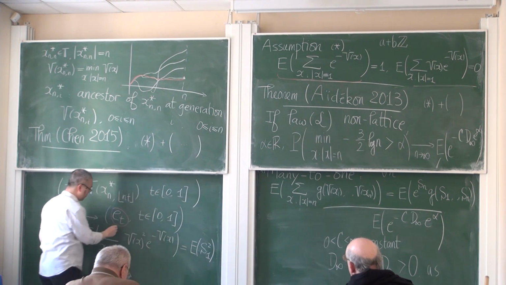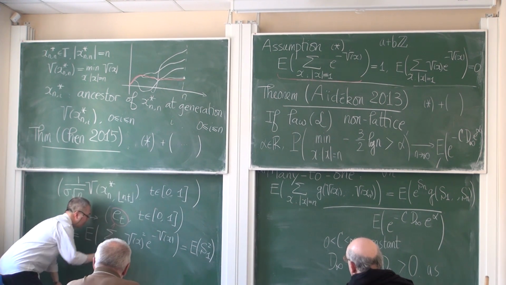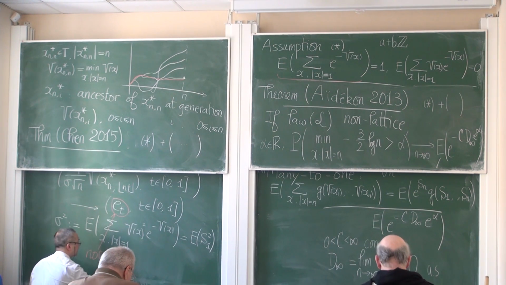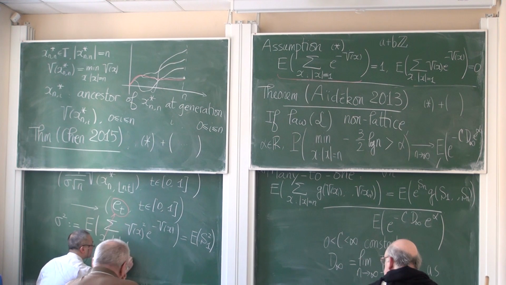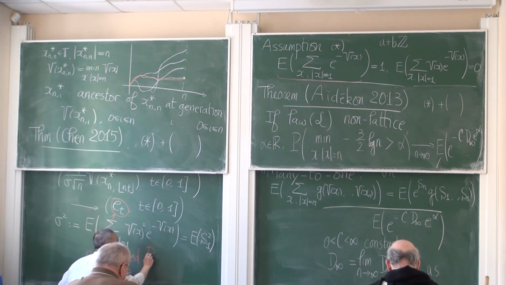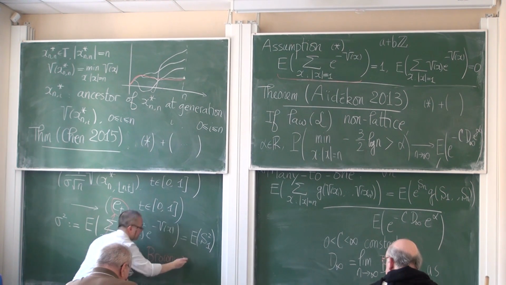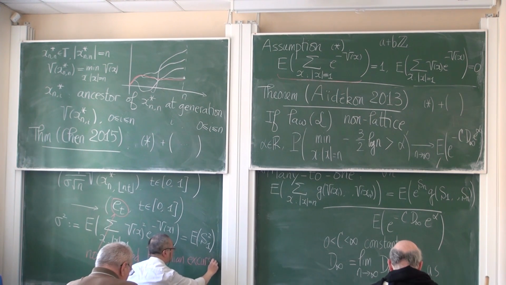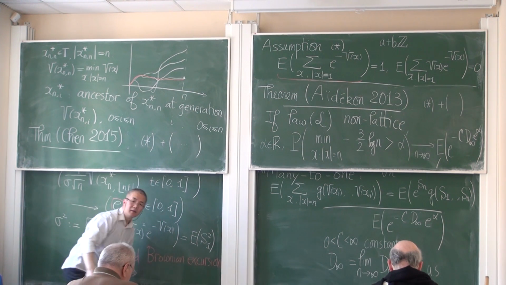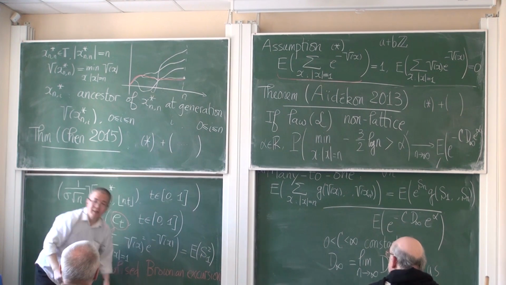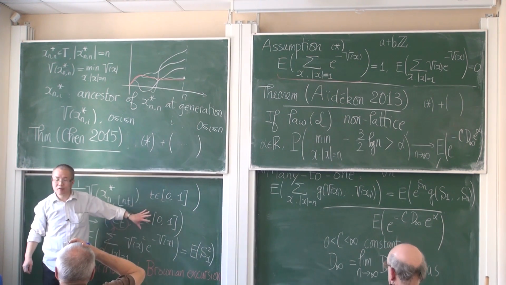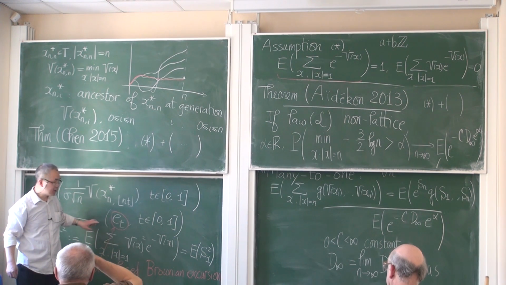E is the so-called normalized Brownian excursion. I don't think I need to give you the exact formal definition of the normalized Brownian excursion.